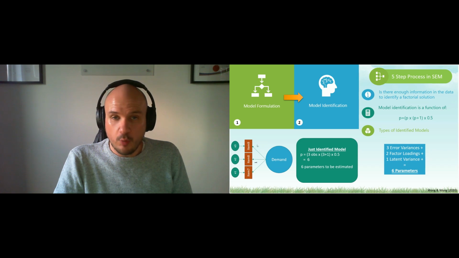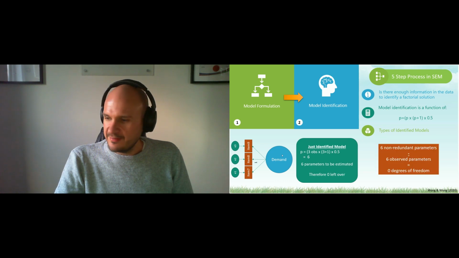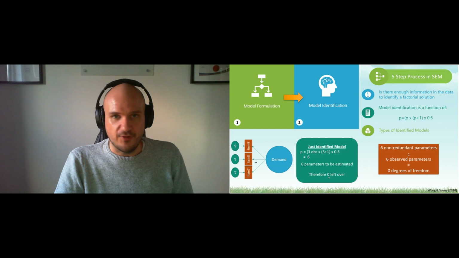One factor loading is always constrained to 1 because it's used to estimate the other 2. So we estimate 3 errors, 2 factor loadings, and 1 latent factor variance. So if we've got 6 parameters that we can use and 6 things we need to estimate, there are no degrees of freedom left, and that's perfect.